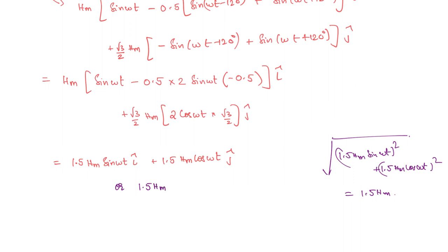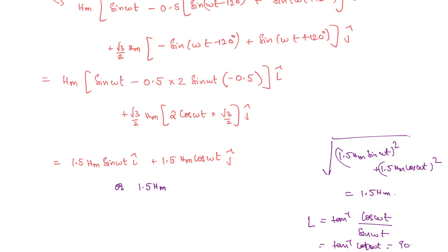And what about the phase? The phase is going to be tan inverse of cos omega t divided by sine omega t. 1.5 Hm will be cancelled, right? So if you see, you can get tan inverse cot omega t. Cot omega t you can write as tan of 90 minus omega t.